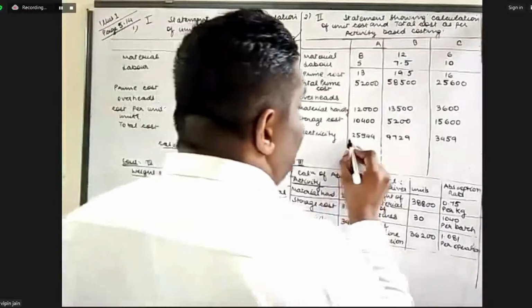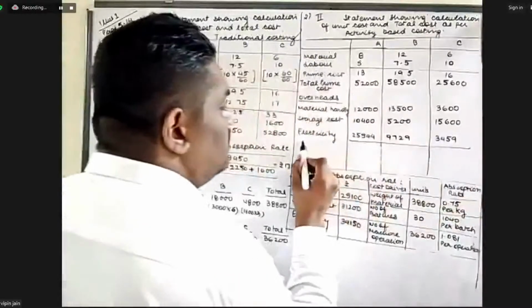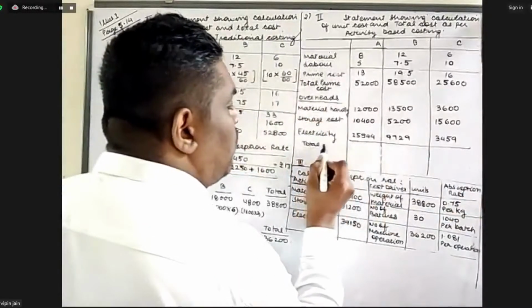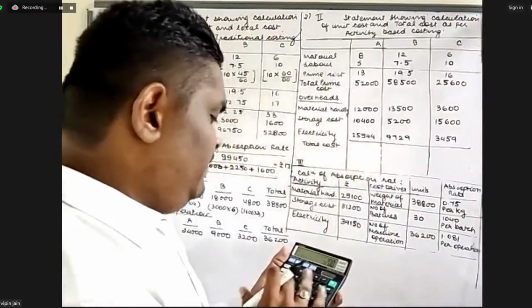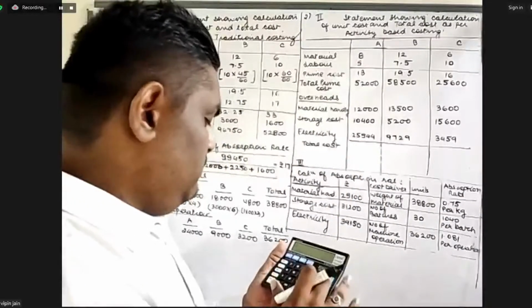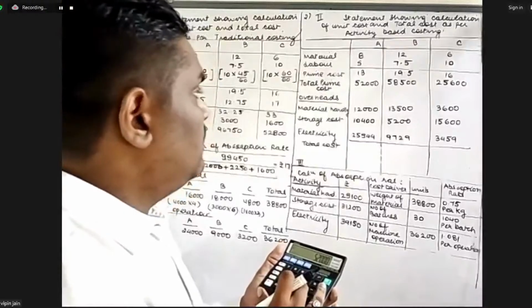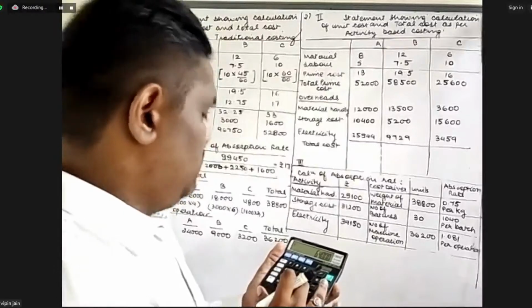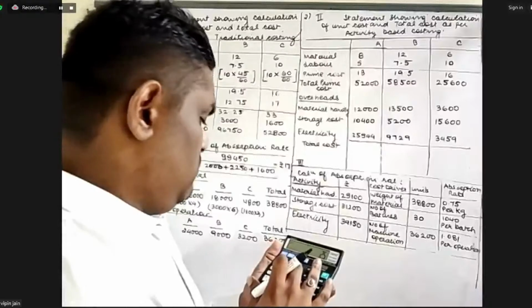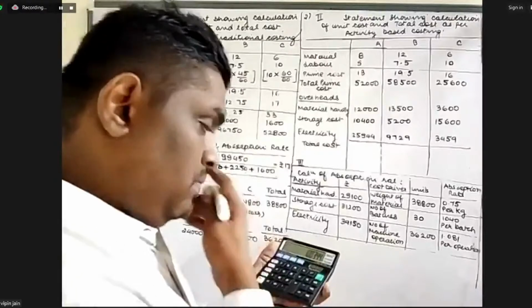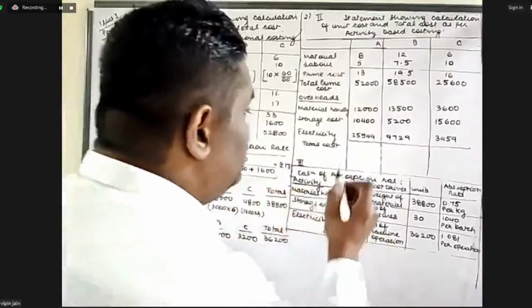So now we can easily calculate the total cost. So my total cost will be 52,000 plus 12,000.